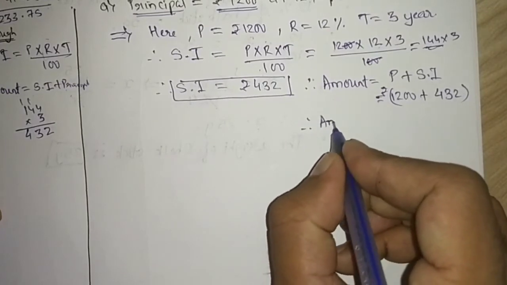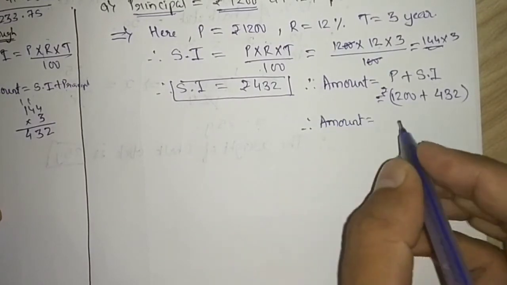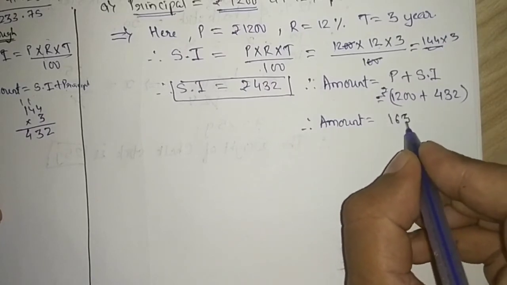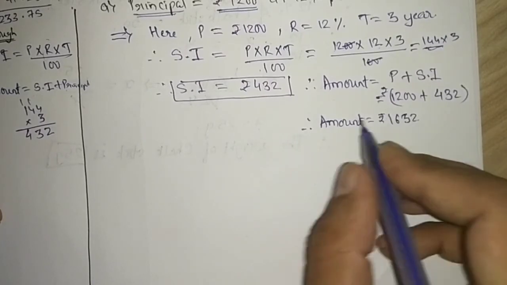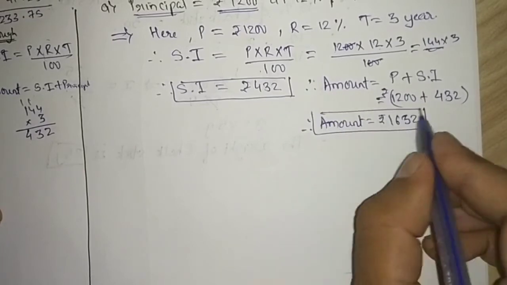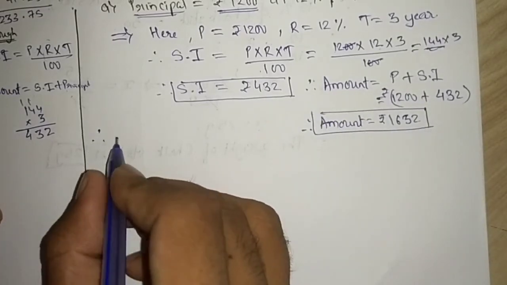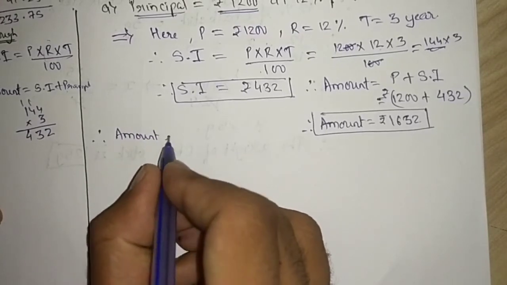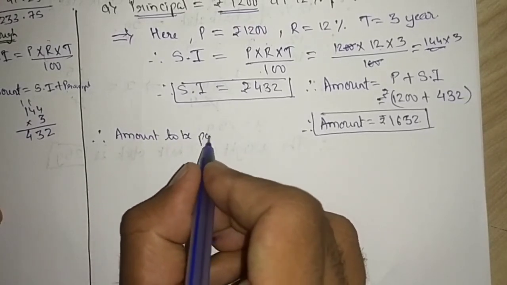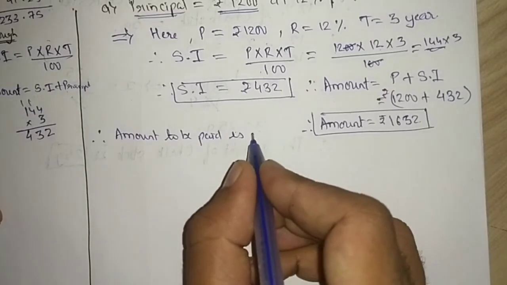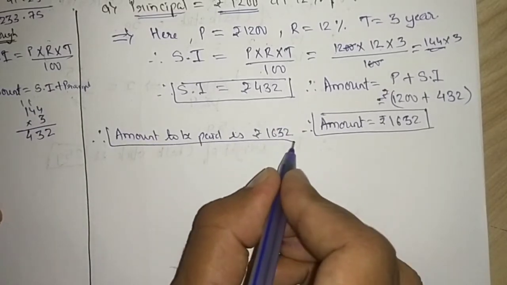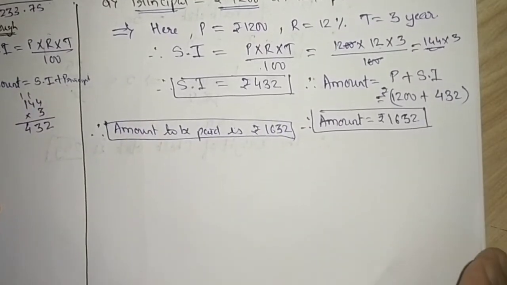Therefore amount is equal to 1200 plus 400, 1600 and 32 will be our amount. So finally I will write, therefore amount to be paid is rupees 1632. Now solving part B.